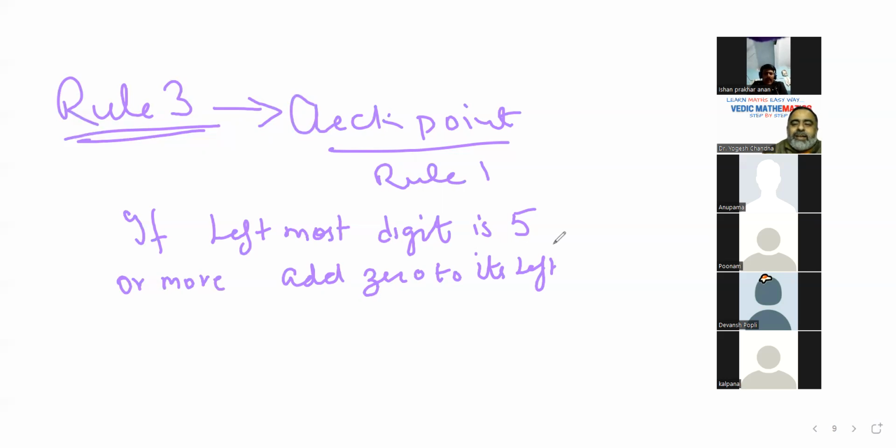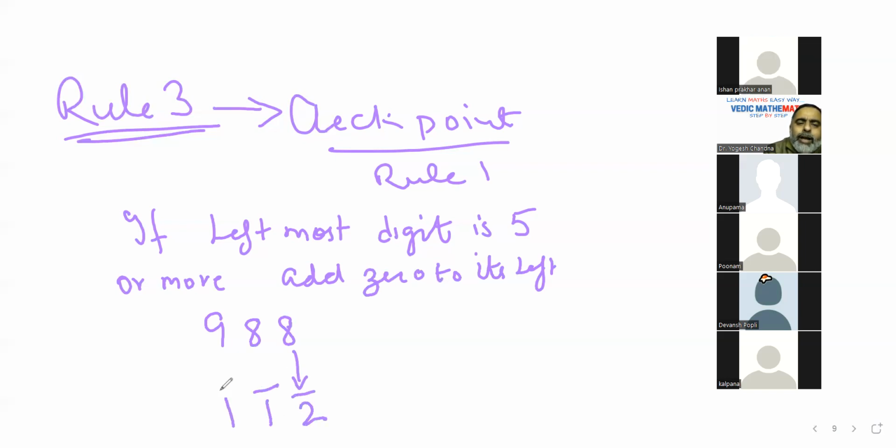Let me explain. Let's say we have the number 9, 8, 8. If we follow the old procedure, now applying this, I'll get 2 bar, 1 bar, 1 bar.